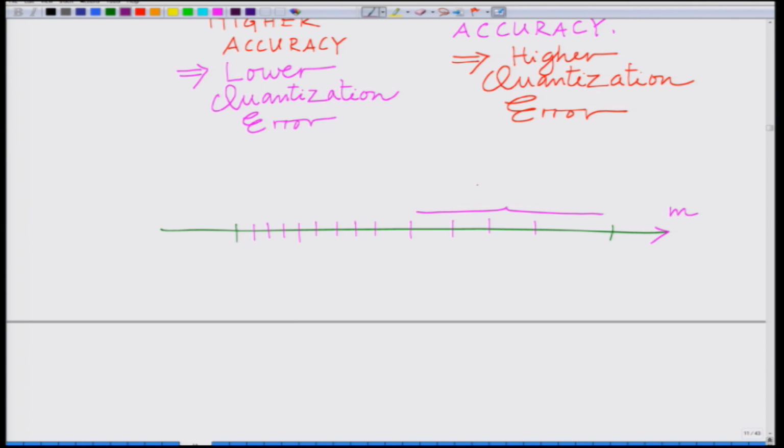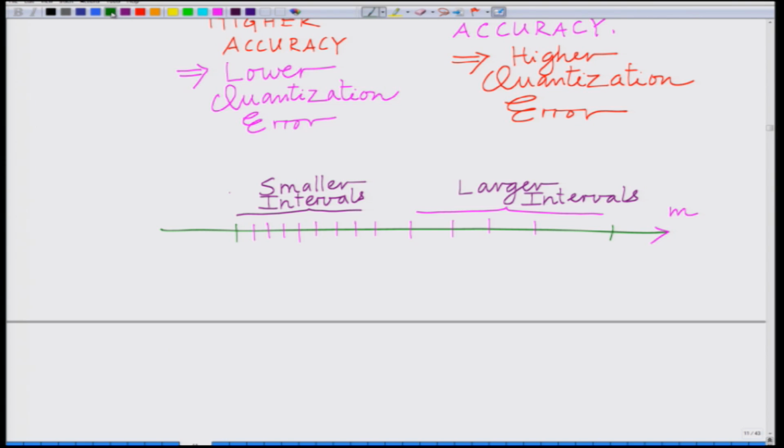These are the larger quantization intervals, and these are the smaller intervals.